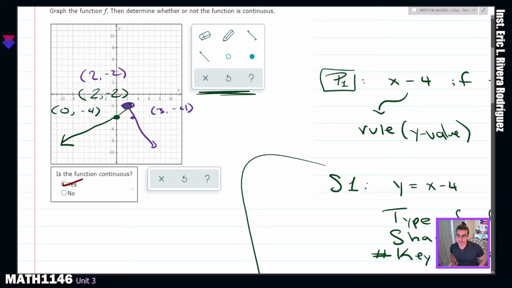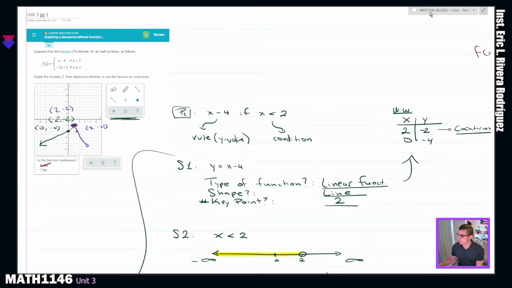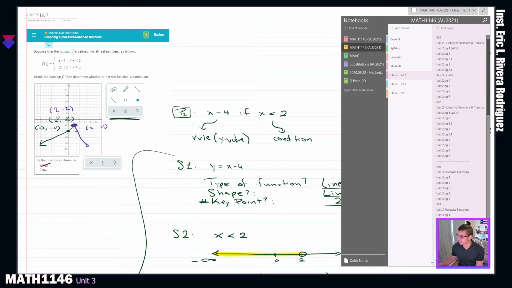We are not going to go into details of what a continuous function means, but one good rule of thumb is that if we can draw the graph without lifting our pencil from the paper, then the function is continuous. All right, so that's number one. Any question for me?